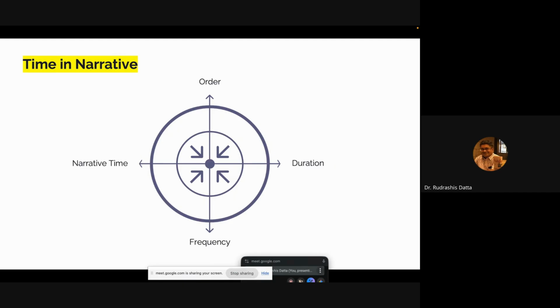This is the sequence that most of the narrators would maintain.